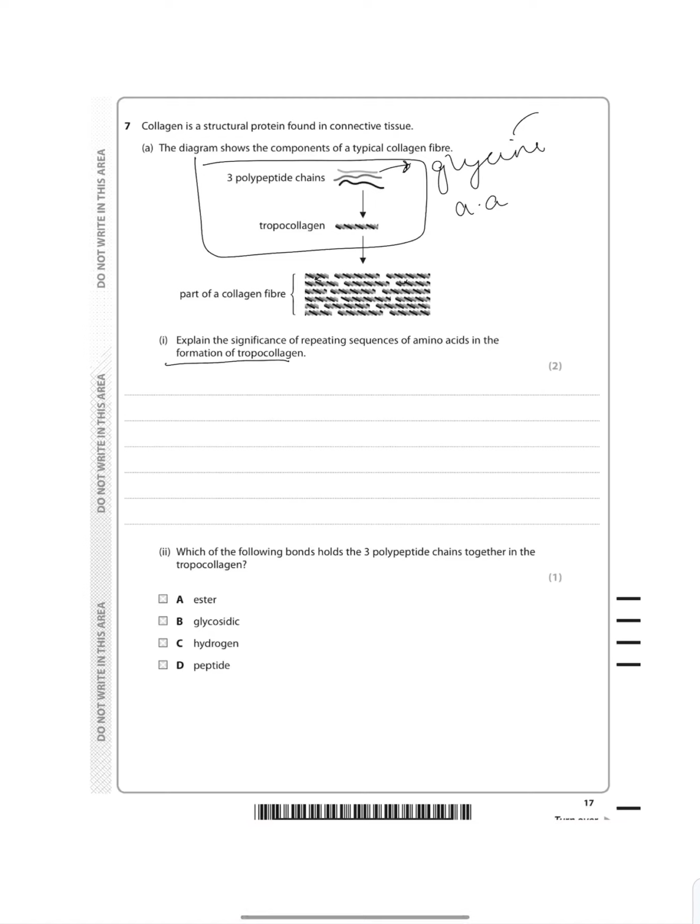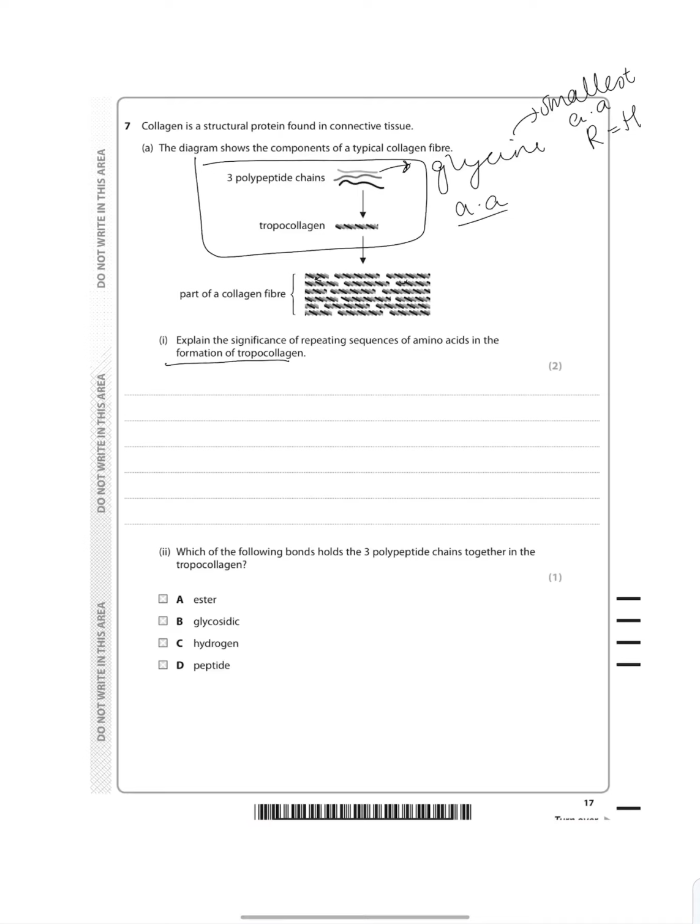If you did know it's glycine, then you know glycine is the smallest amino acid available, because the R group is just an H, and that would be the first mark by just saying that it is very small. And so if they're very small amino acids, then the collagen fibers will be closer together.